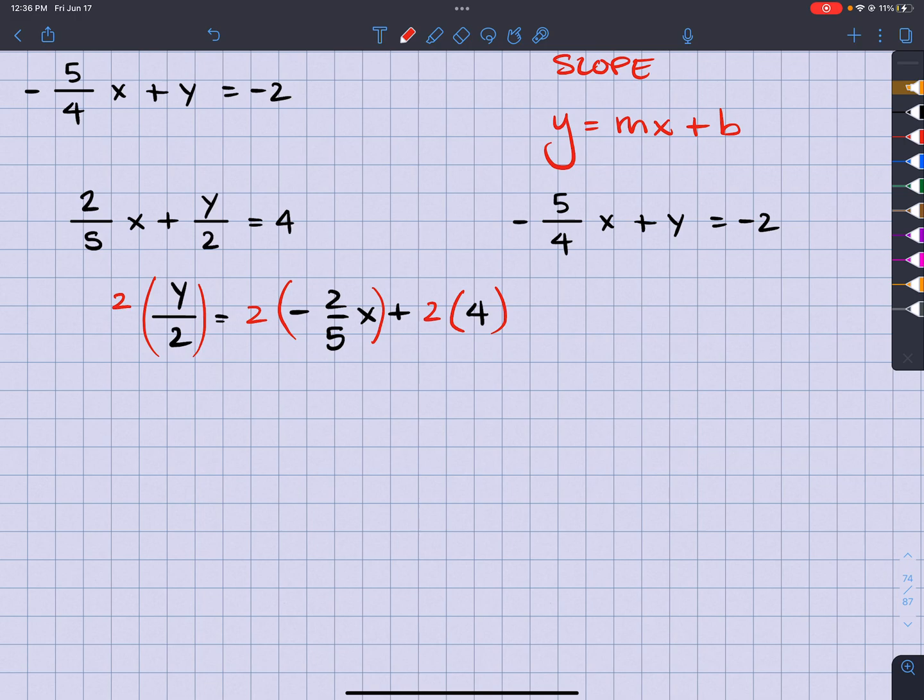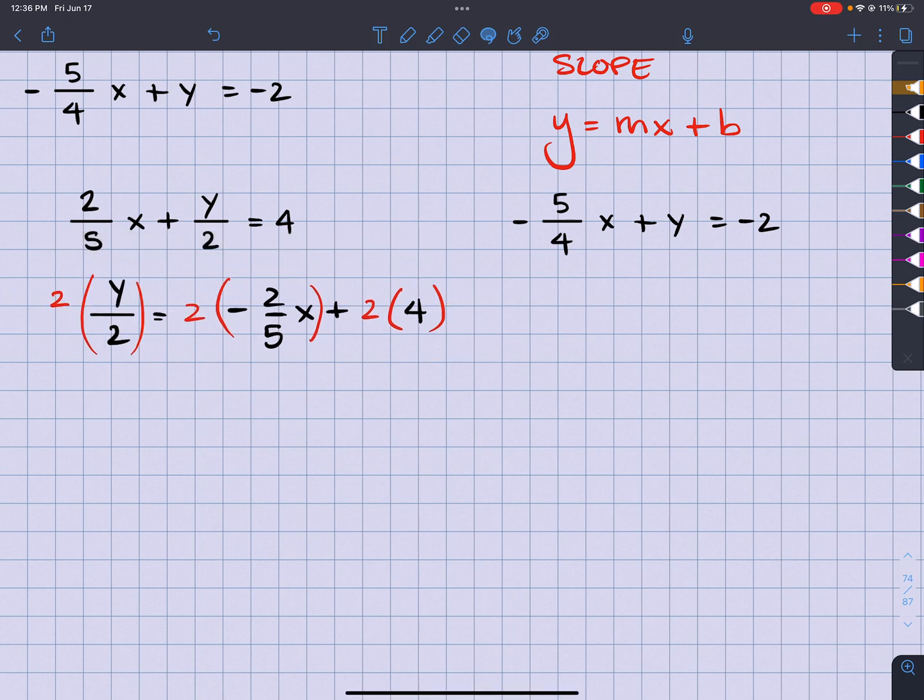What happens when I multiply the left side by 2? The 2 will cancel out, and I'll have just the y left. Then I'm going to have a negative 4/5 x plus 8.